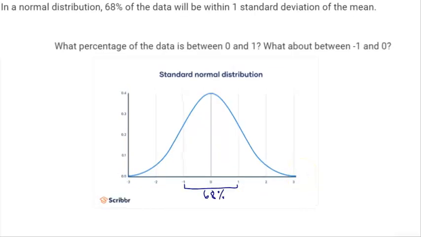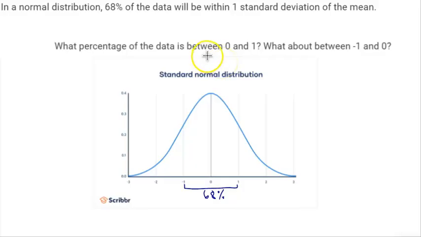A new piece of information to this video is that in a normal distribution, there should be approximately 68% of the data within one standard deviation of the mean, which means that if I start counting from the middle and go one standard deviation to each side, this section of the curve should represent 68% of the data.